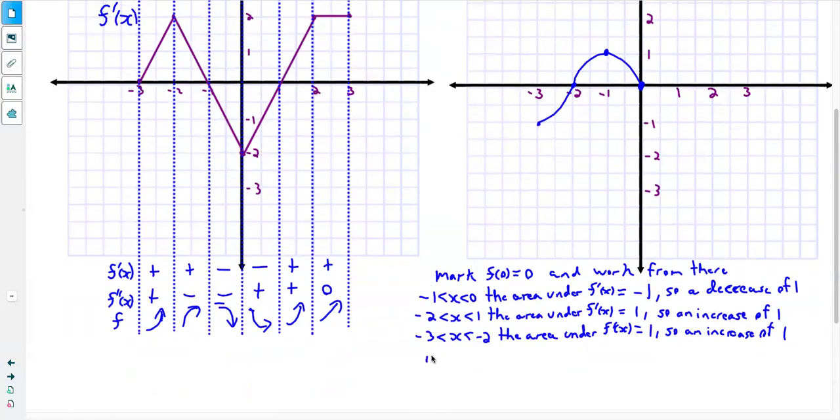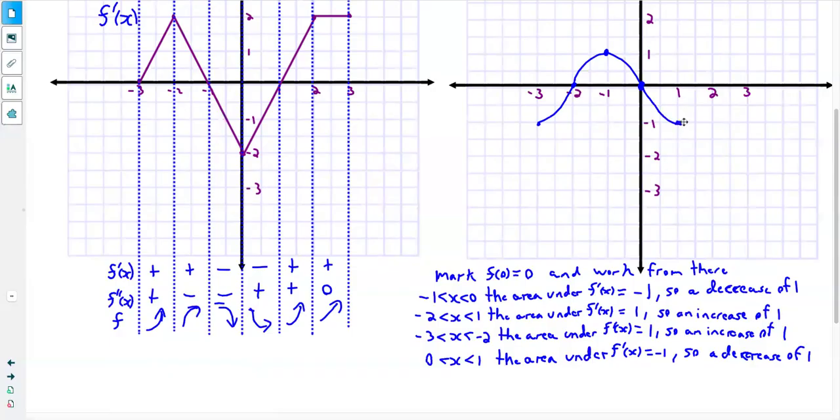So now we're going to look at from 0 to 1. The area under f prime of x is negative 1, so a decrease of 1. And in that segment, we had this curve.